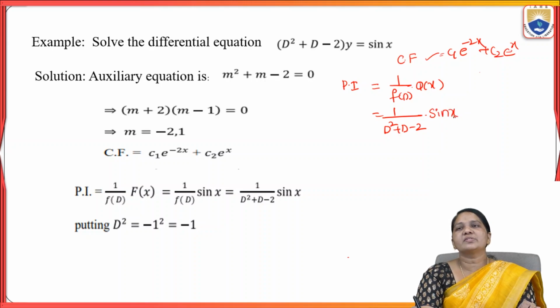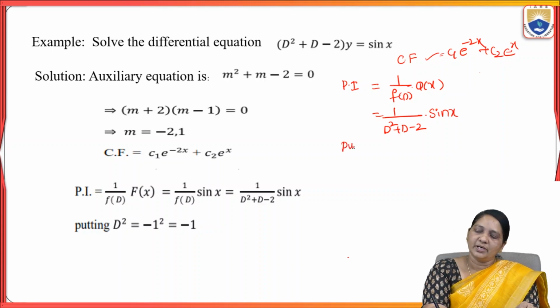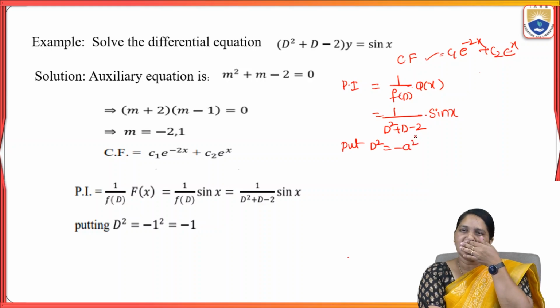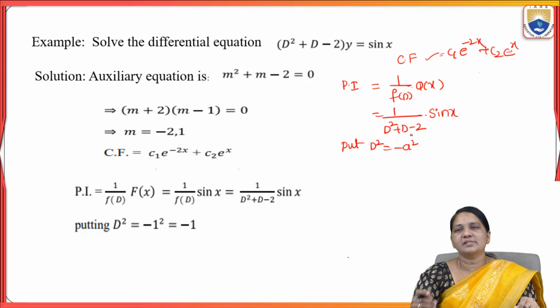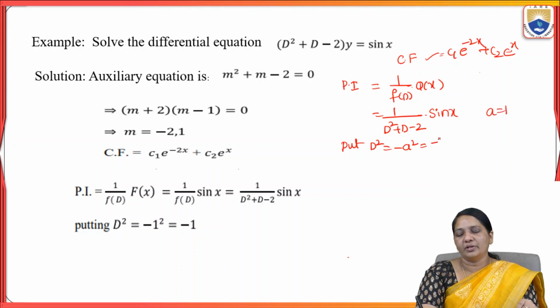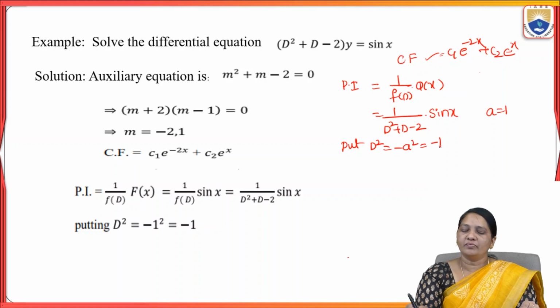If you have sin x, what is the procedure we have to follow? First put d square equal to minus a square. So here I have to replace d square with minus a square. What is the a value here? A equal to 1. That means I have to replace d square with minus 1.